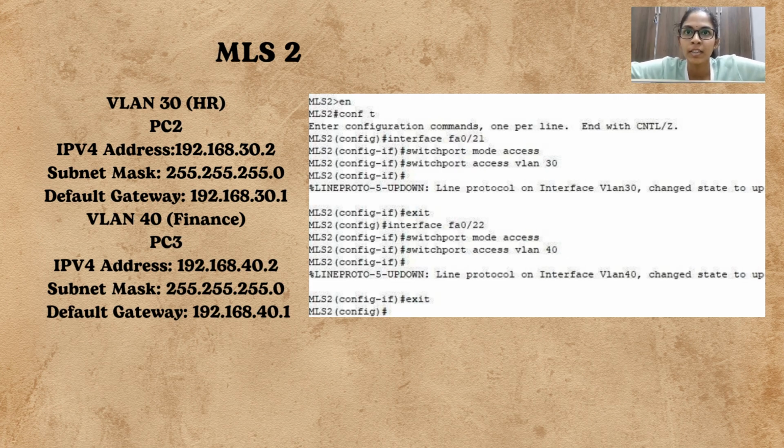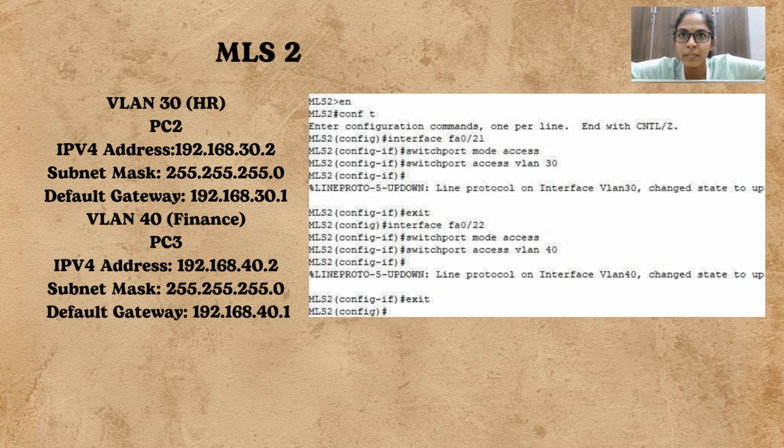MLS2, VLAN 30 HR, PC2 IP address 192.168.30.2. Subnet mask 255.255.255.0. The default gateway 192.168.30.1.